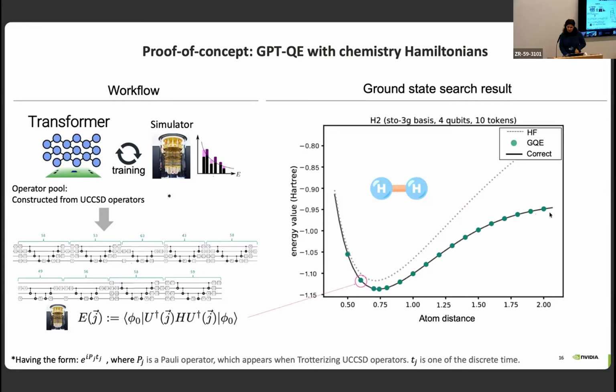You can compare it with the correct answer, which is FCI, and see how the model performs. It seems to produce chemically accurate results for this small system. So let's crank up the knob a little bit and see what it does when you increase the qubit size.